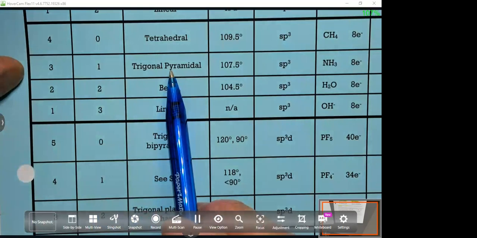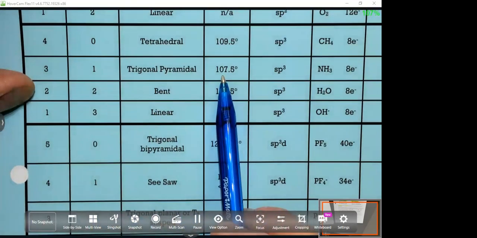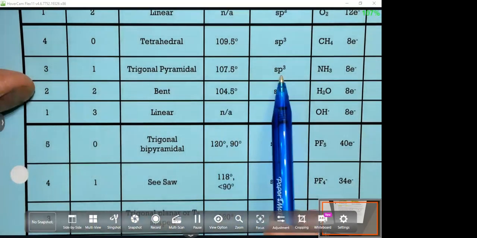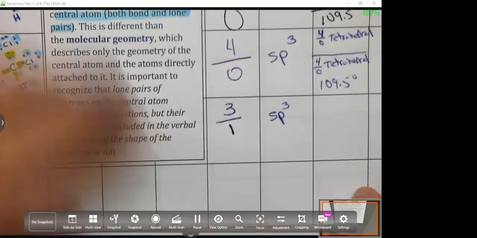What's the shape? Trigonal pyramidal. Angle now is 107.5, hybridization sp3. Okay, so my hybridization is sp3.